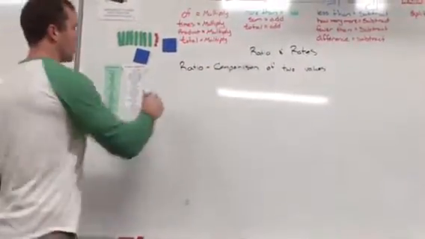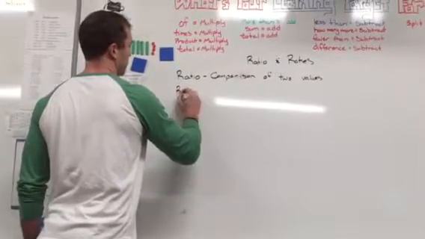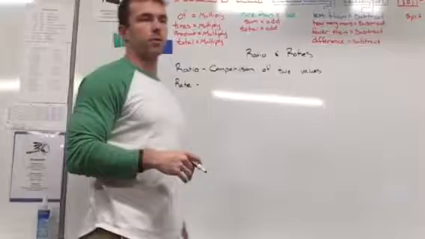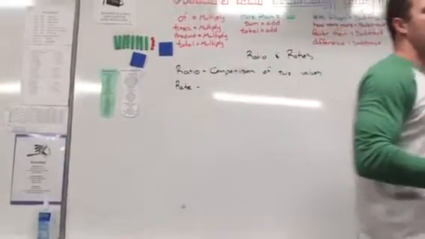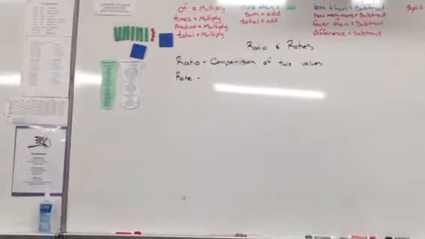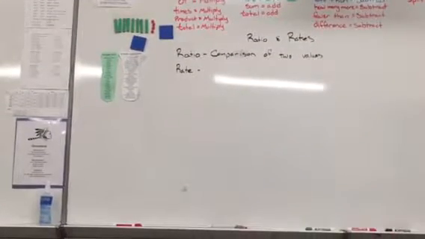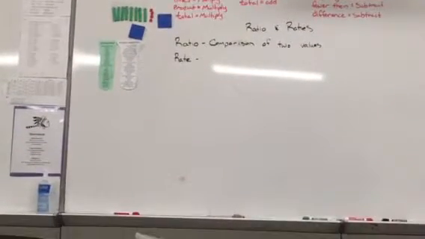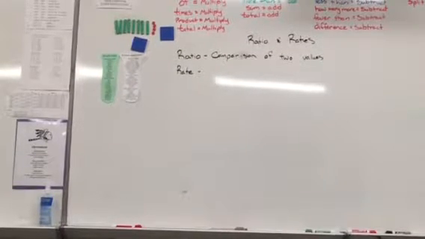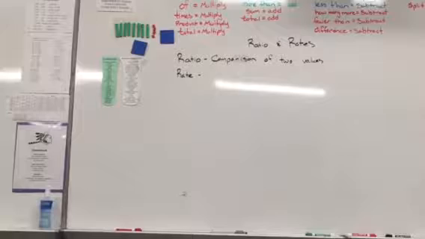Now, I'll give you examples of rates. Okay, a rate, it's $2.20 per gallon. Okay, another rate would be $3.25 for a 12-pack of Mountain Dew.